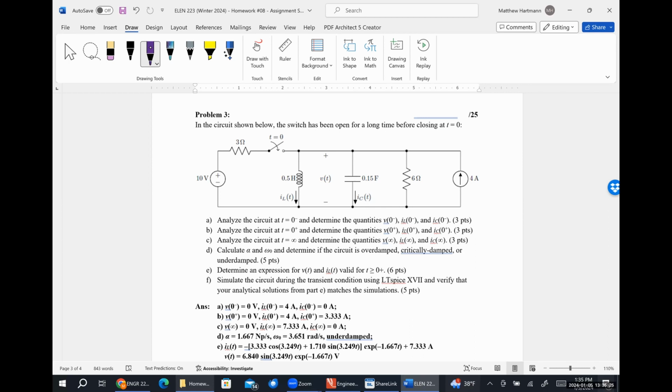In parallel with half a Henry inductor, in parallel with the 150 millifarad capacitor, and then our current source is going to look like an open circuit. So we effectively are seeing what it looks like with all of our sources turned off during the transient condition to know whether it's a series RLC circuit or a parallel RLC circuit.